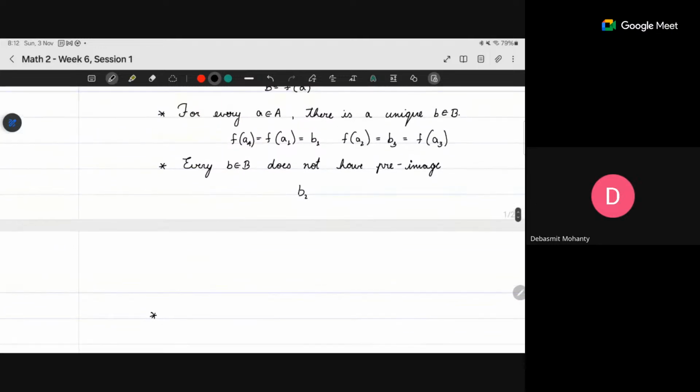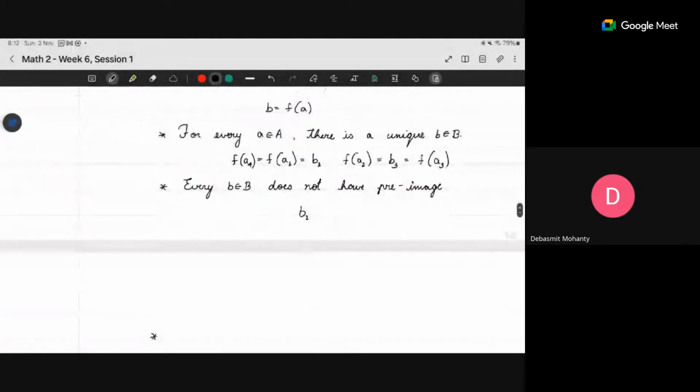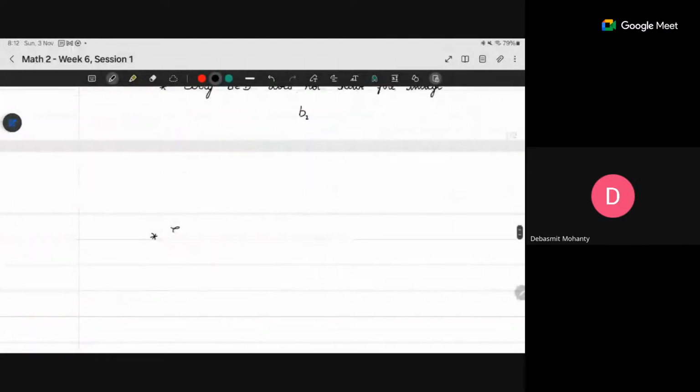And also, elements in A, how do I write this better? Pre-images are not unique. I'll just write it in this way.